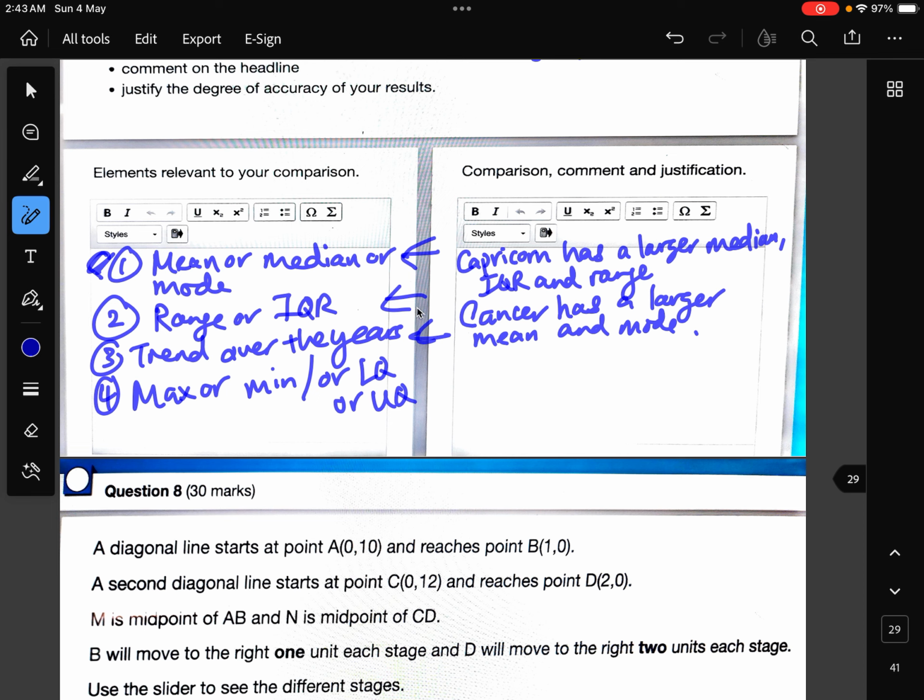So if you can do that, you will get at least 4 marks for this particular part. So comparison is basically worth 4 marks for this.